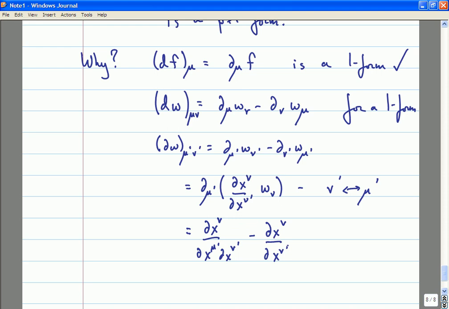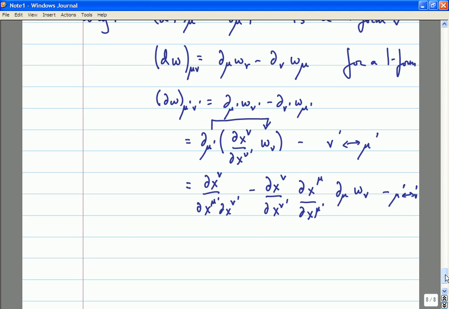And for this term, I will write out d mu prime using the chain rule. So that's dx mu by dx mu prime d mu omega nu, and then minus the same thing with mu prime and nu prime interchanged. Sorry, where did you pick up that sign for the second term? Plus, I'm sorry. Thank you.